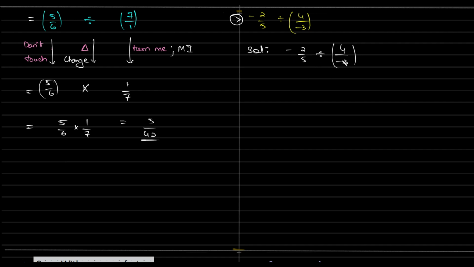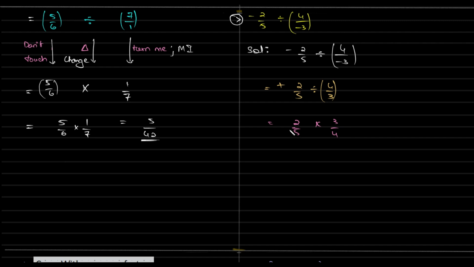So negative negative will give us positive. Okay, then you continue with your question as usual. So here, what should you do? Don't touch the first part. So don't touch. Change the second part. Changed. Take the multiplicative inverse of 4 by 3, that is 3 by 4. Right?